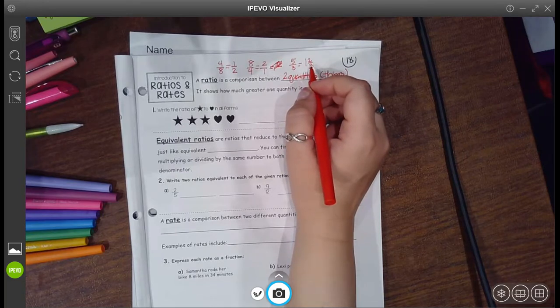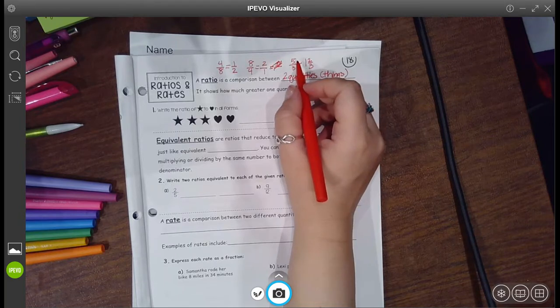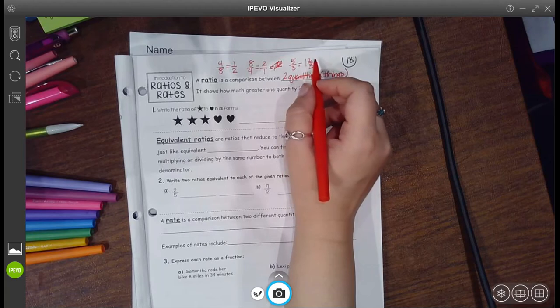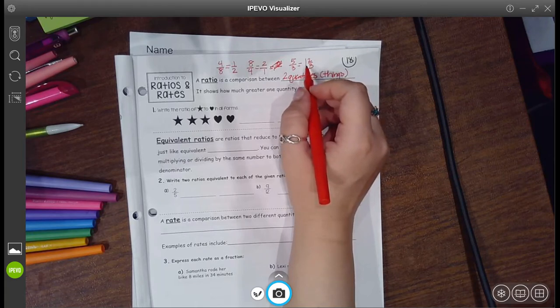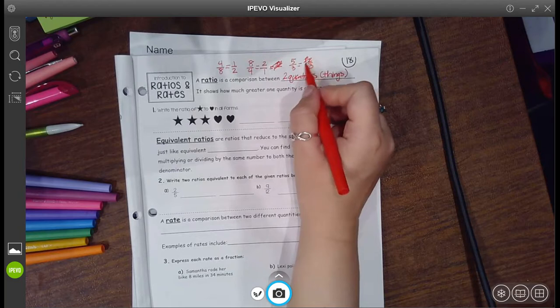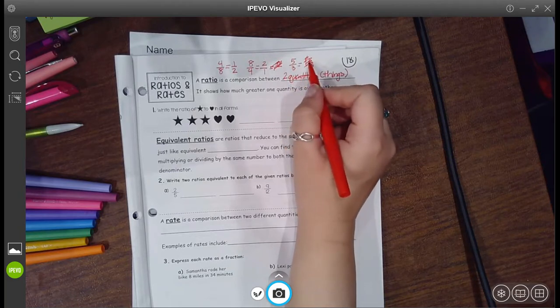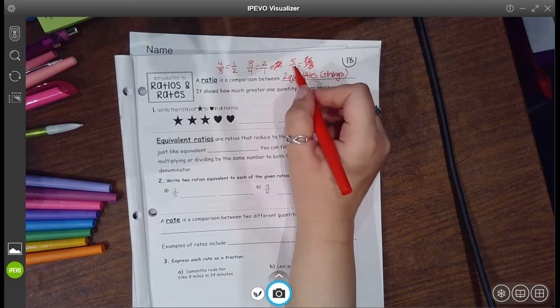But I don't want to necessarily reduce this because remember the top is talking about something and the bottom is talking about something. So here it's like, well, is there two dogs and three cats? And then do you split the one in half and add half to each one? Or what does this mean? So we don't want to change these to mixed numbers. Okay, we just want to keep it like this.